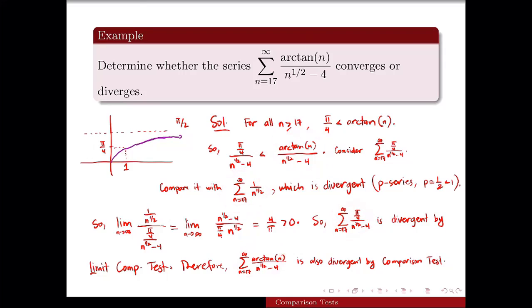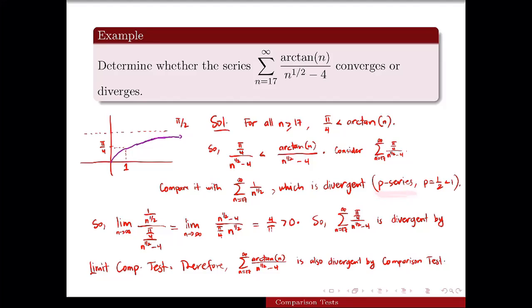But in this example, I just want to show you that sometimes you will have to use different tests just to have a conclusion on your original series. You will see later in the course, you will have to use several tests. In fact, we have been using that.